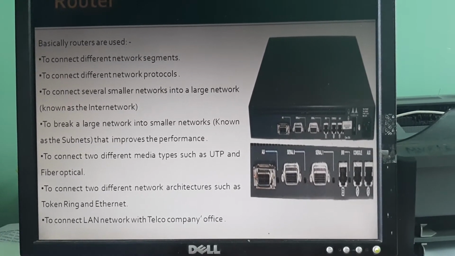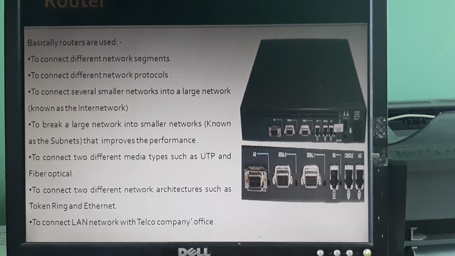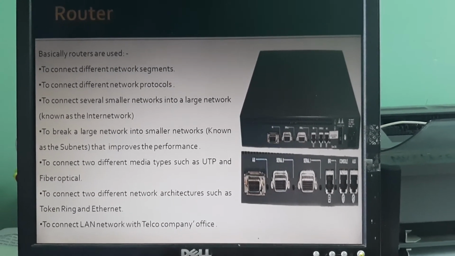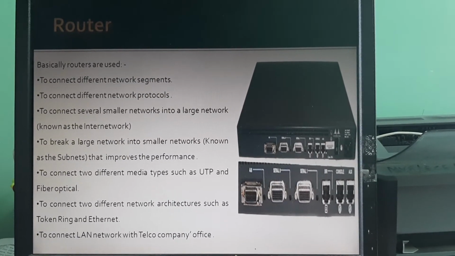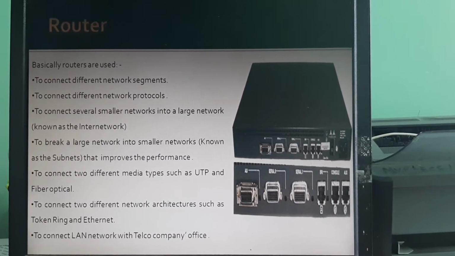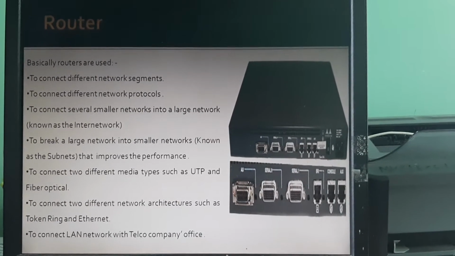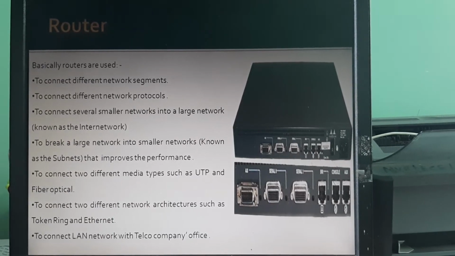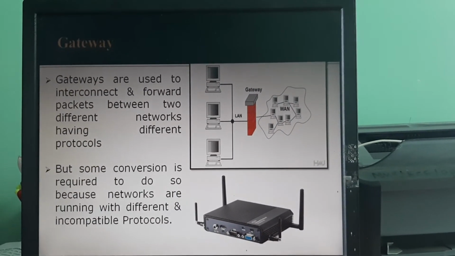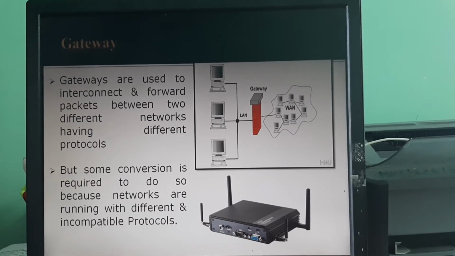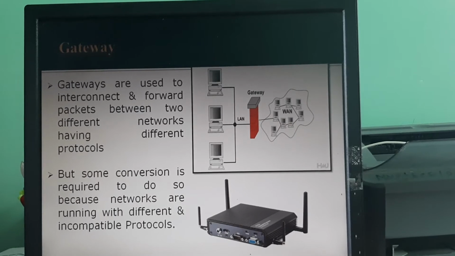This router connects two different media types, and also it is used to connect two different network architectures, means token ring architecture, Ethernet architecture, etc. And finally it is used to connect a LAN network with your telephone company office. Means from the telephone company, if we want to transfer the data and it is received by your local area network, this router is also used.